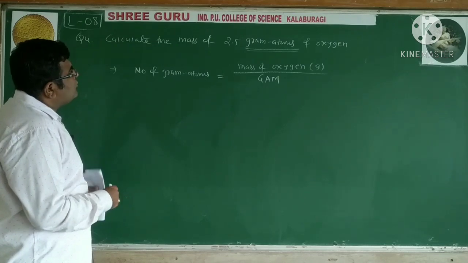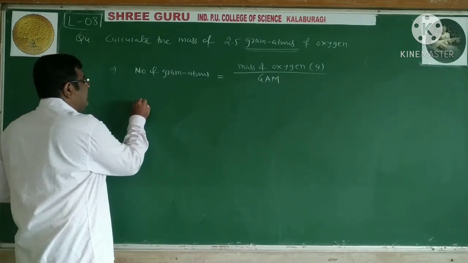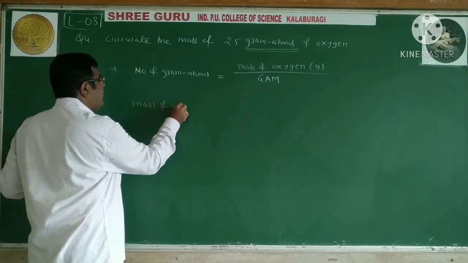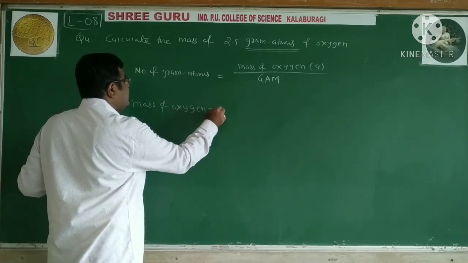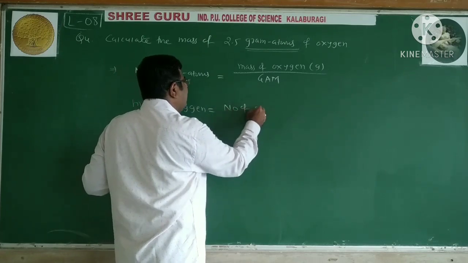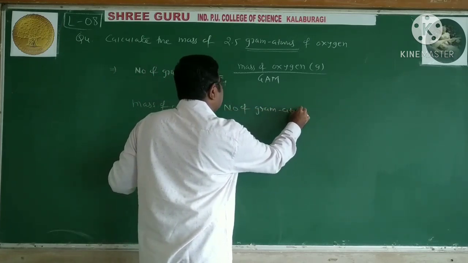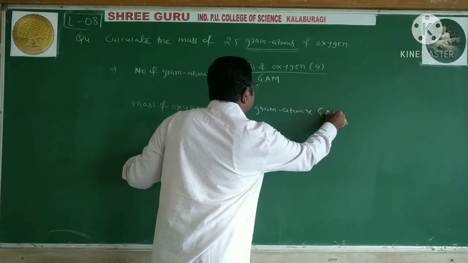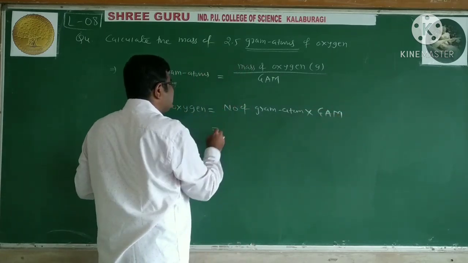They ask us to calculate the mass of atoms. We can write mass of oxygen, of course in gram, is equal to number of gram atoms multiplied by gram atomic mass.